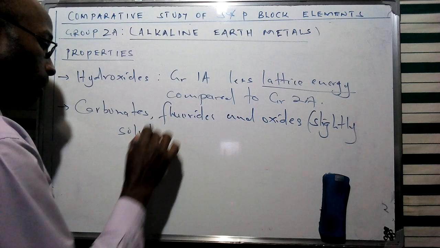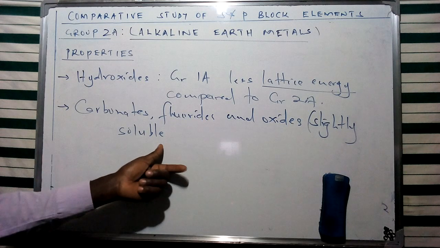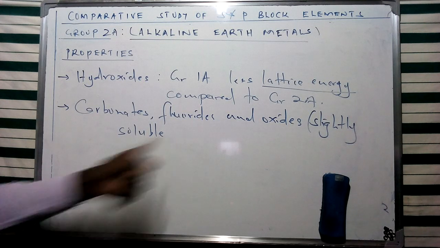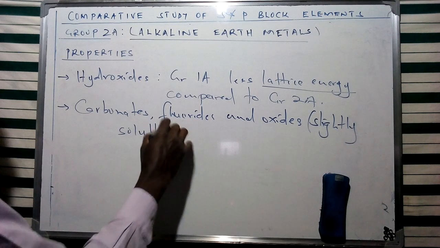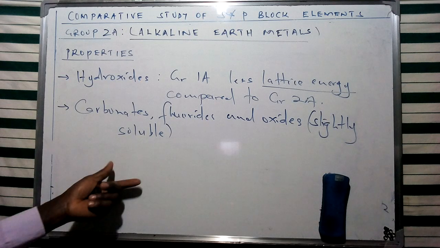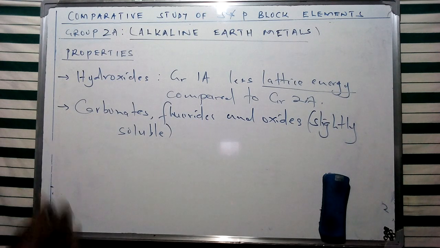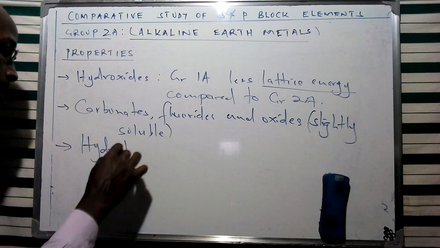And if we talk about this general characteristic, we're going to assume basically that this is solubility in water. So in this case, the carbonates, fluorides, and oxides of these group 2 elements are going to be described as slightly soluble.